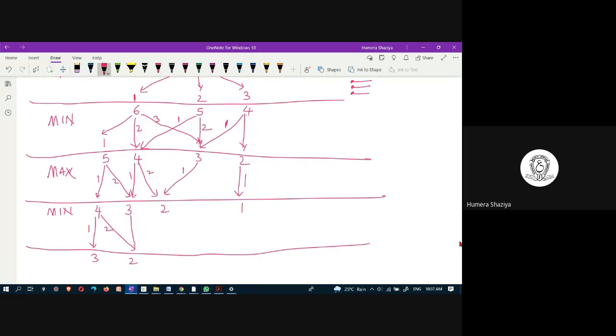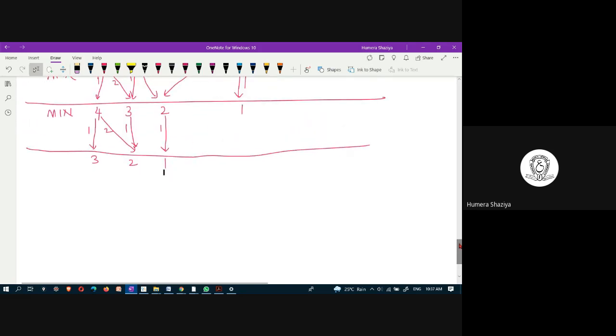From 3, if 1 is picked, 2 will be left. From 2, if 1 is picked, 1 will be left. This one could be win or lose, that we will see. And whoever gets the last matchstick loses.